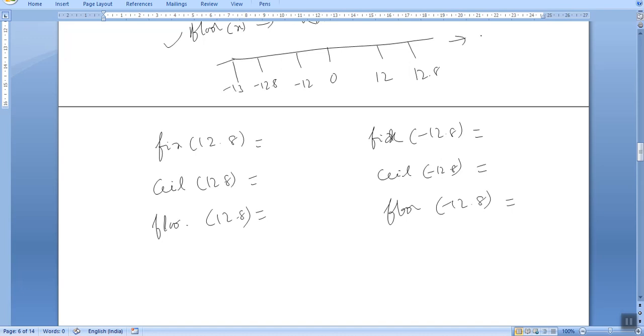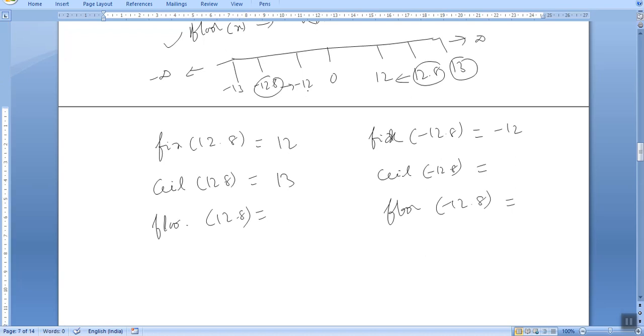This is towards positive infinity, this is towards negative infinity, this is the origin. Fix means towards the origin. So 12.8 towards the origin is 12. Minus 12.8 towards the origin is minus 12. Ceiling of 12.8 towards positive infinity is 13.